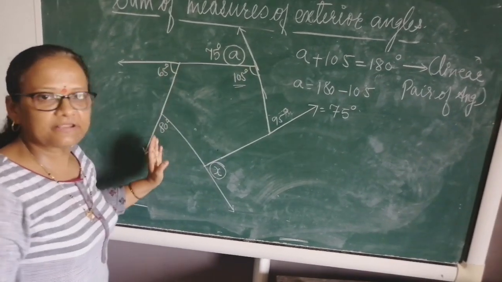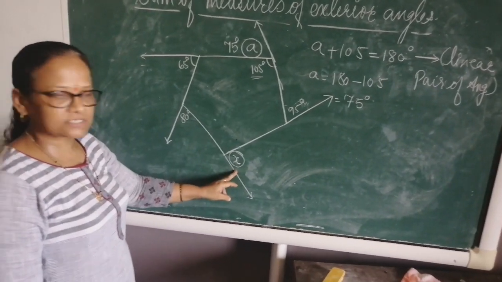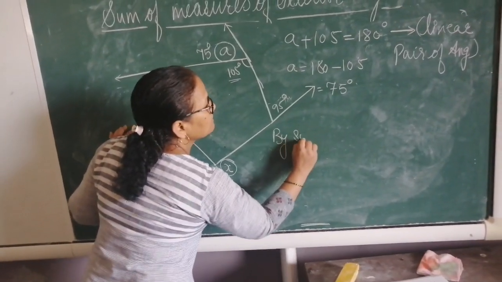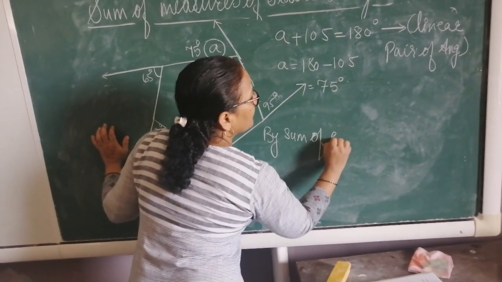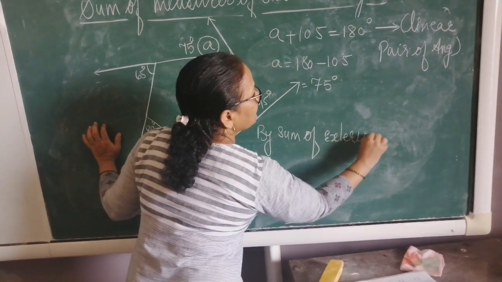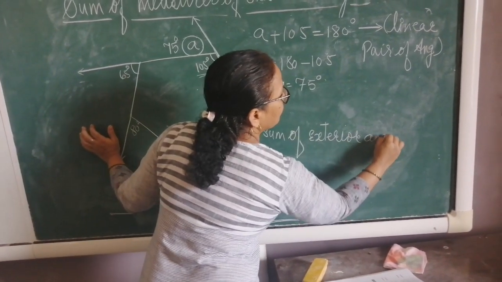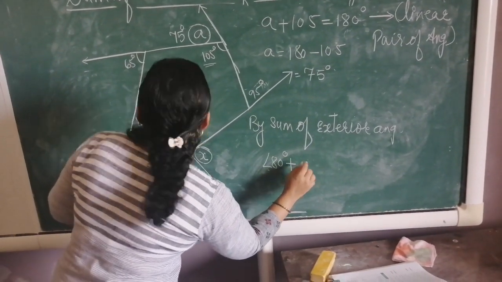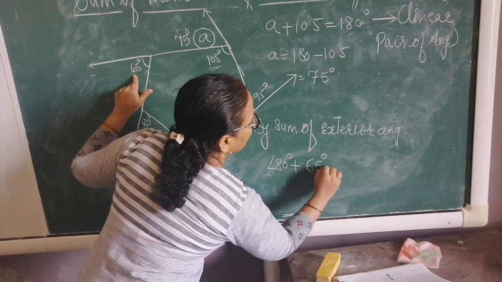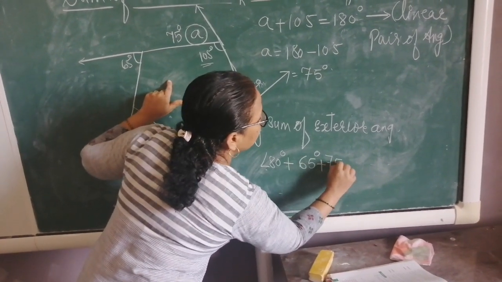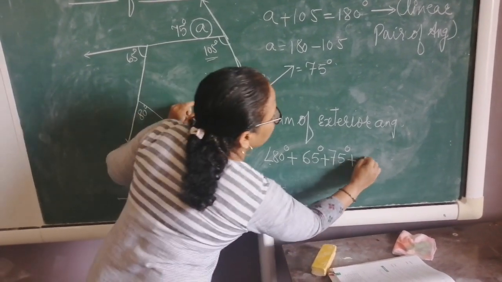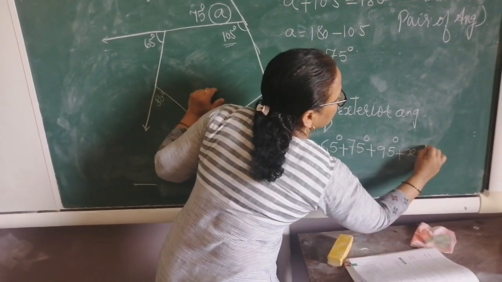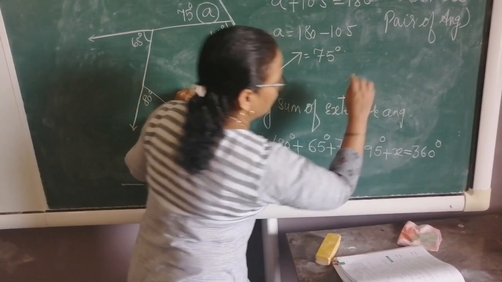Okay, means the measures of the 4 exterior angles you have found out. You have to find out x. Then again, here you have to write by the sum of exterior angles: 180 degrees plus 65 degrees plus 75 degrees plus 95 degrees plus x is equal to 360 degrees.